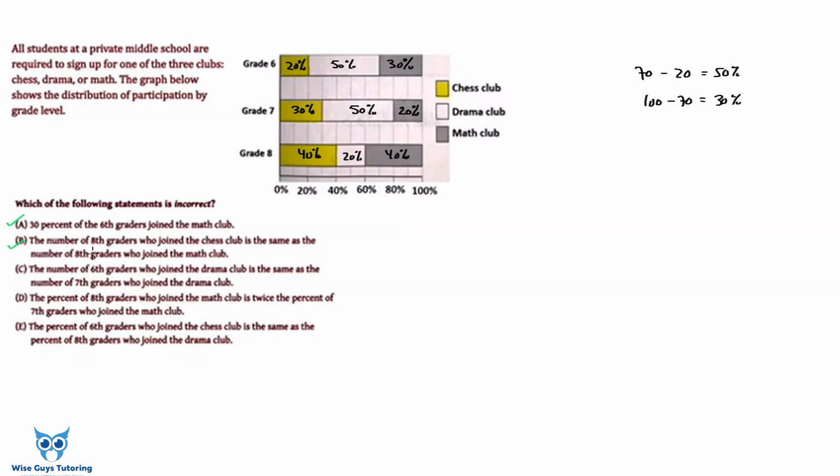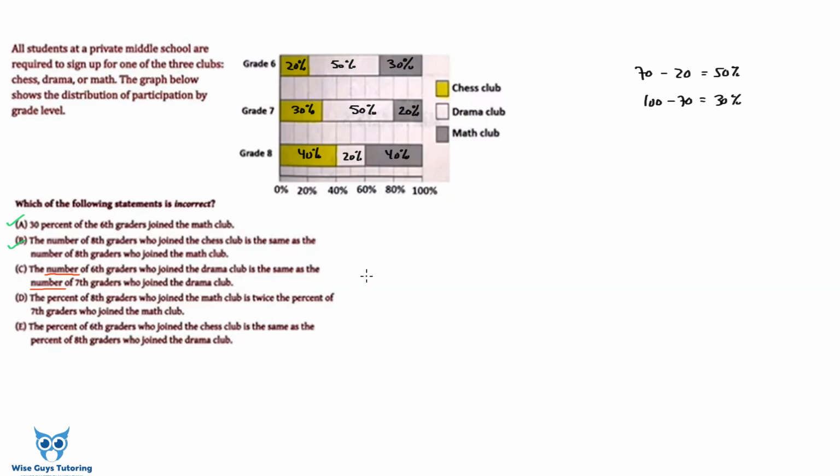Well done. C says the number of 6th graders who joined the drama club is the same as the number of 7th graders who joined the drama club. So 6th drama is 50, 7th drama is 50. But here's the trick. They didn't say the percentage. They say the number of 6th graders is the same as the number of 7th graders. That's not true; it's the percentage that is the same.